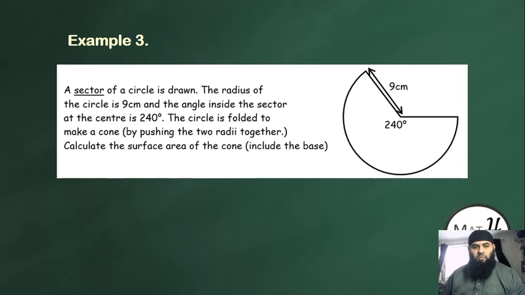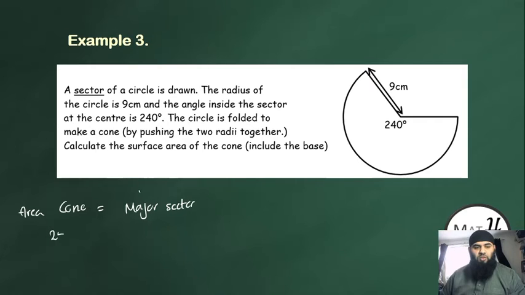Okay, so first and foremost, for the actual cone, the area of the cone we know is the following. Just by looking at this major sector, because 240 is the angle we have, we're going to be using this as a fraction.